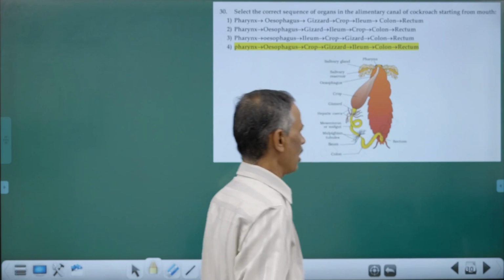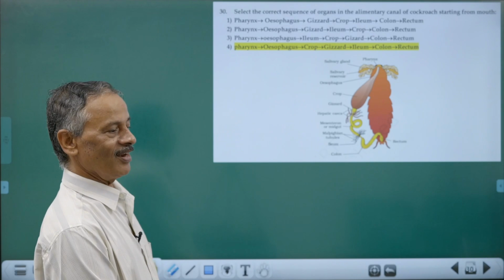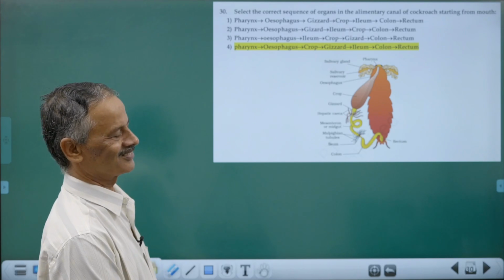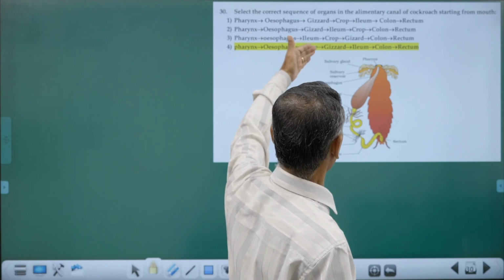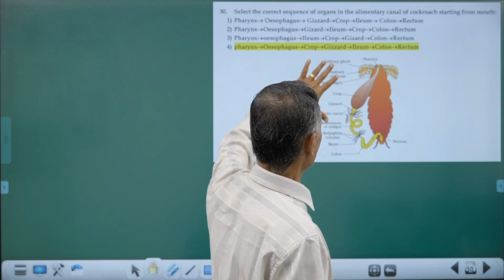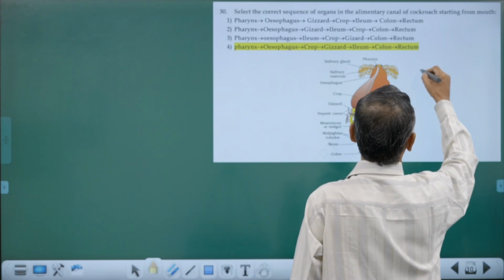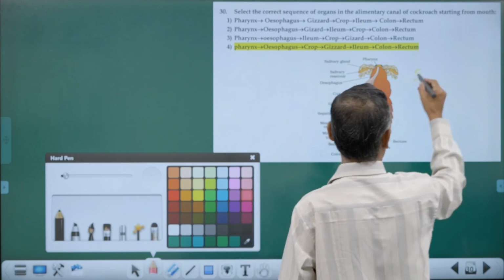And coming to the last question of this chapter, see, these are all asked in the previous NEET examinations. Select the correct sequence of organs in the alimentary canal. Alimentary canal consists of three parts. A foregut, called stomodeum.